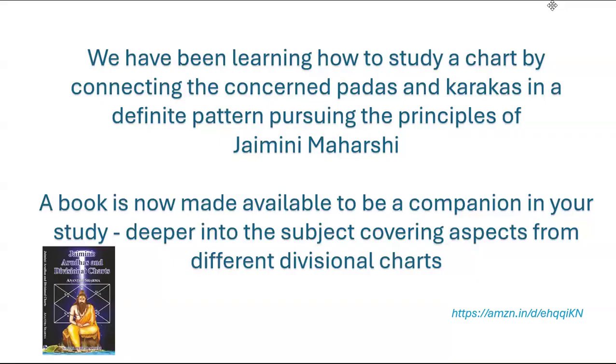Because that D9 chart also shows the same combination which I told you is required for a doctor. In another chart of a native, his father is a very great scholar in Vedas, Vedanta and the scriptures, and also recipient of the Rashtrapati Award.